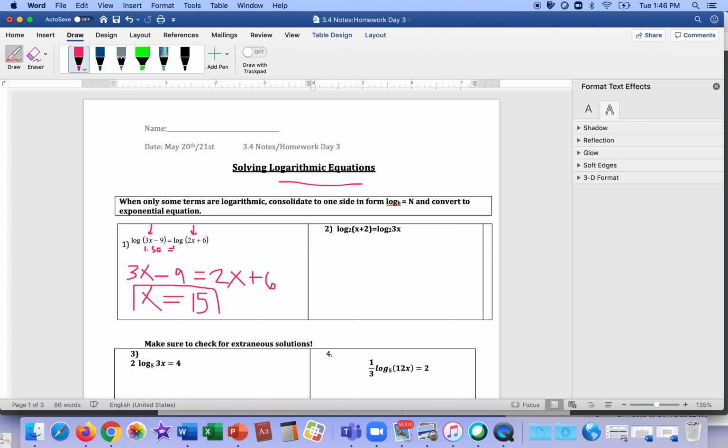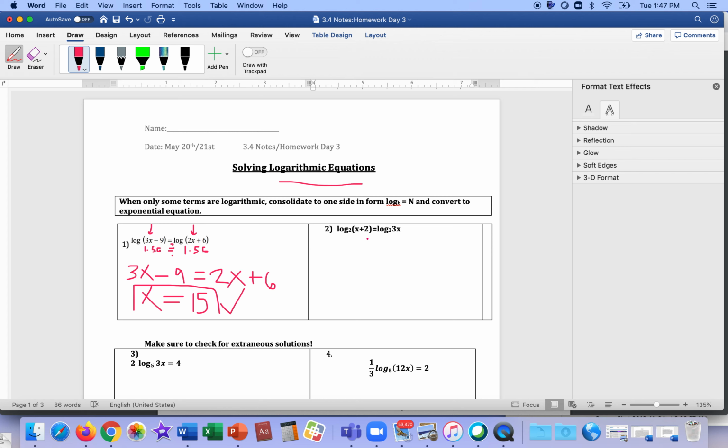Is that equal to, question mark, we put 15 in here, we would have 2 times 15, which is 30, and 30 plus 6 is 36. So we would also have log 36, which is the same thing. So since it's a true statement, then yes, we know that this is a solution. If at any point we get that error, we need to cancel and say not a solution.